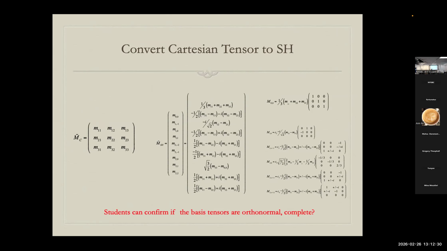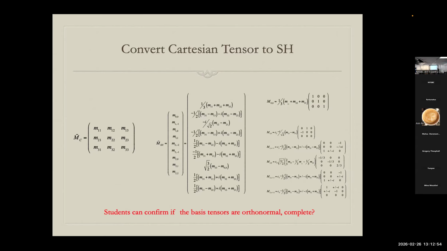And what are the values for these components? Well, it's this combination of the original 9 numbers, because those represent the projection of these bases. Matrices that are kind of crystalline, that's your angular momentum.